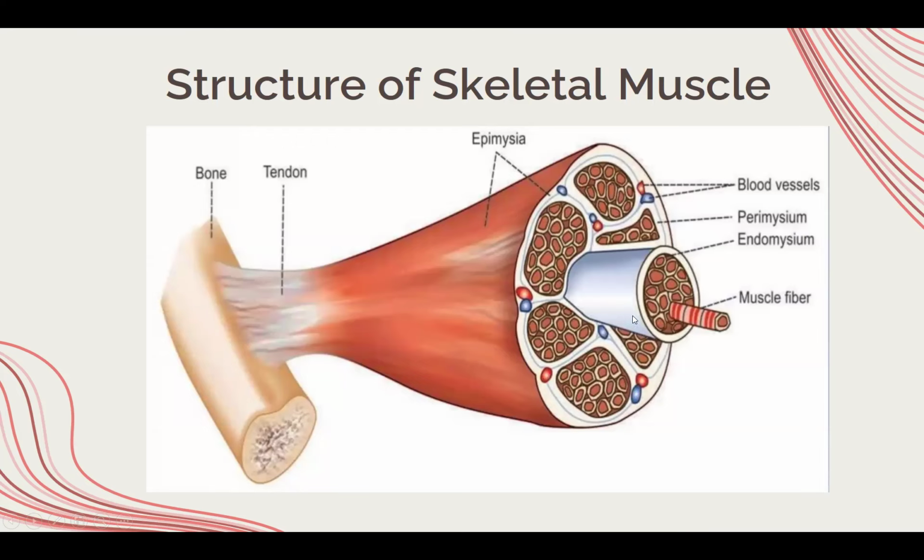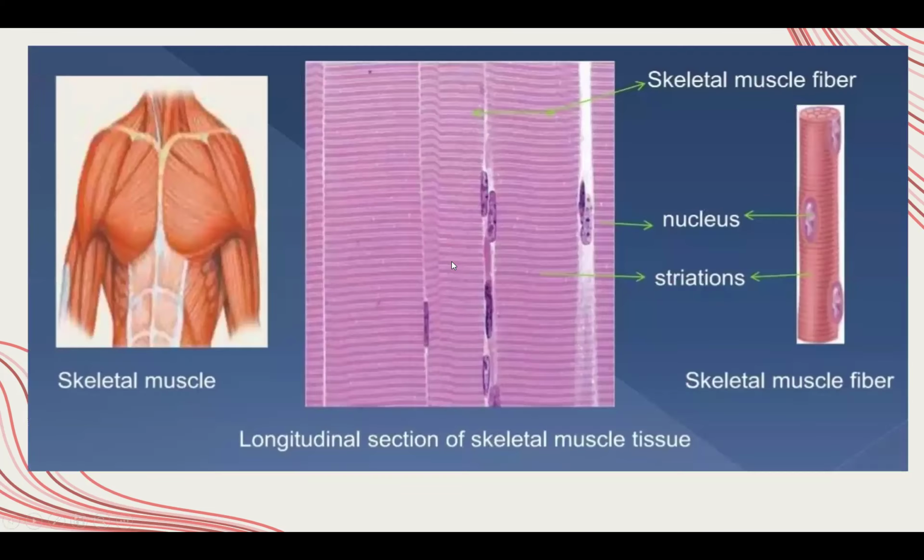The structure of skeletal muscle includes muscle fiber, endomysium, perimysium, blood vessels, and epimysium. There are cross striations, they are not branched, the nuclei are peripherally located, the muscle fiber is cylindrical in shape, and the fibers are parallel to each other.